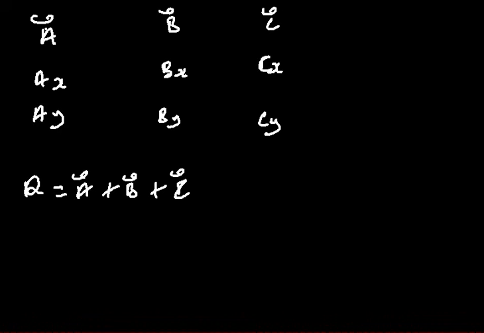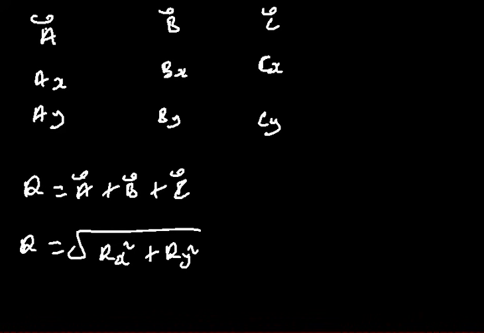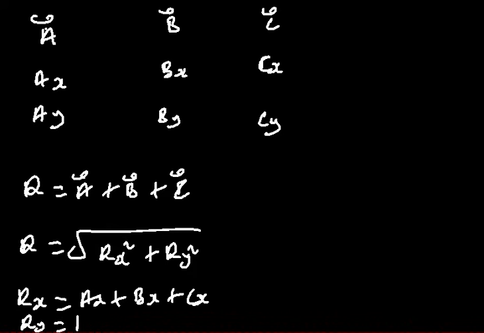At the end of the day, the resultant vector r will be given as the square root of rx squared plus ry squared. And what is rx? Rx will be the summation of the x components of the three vectors, and ry will be the summation of the y components of the three vectors.